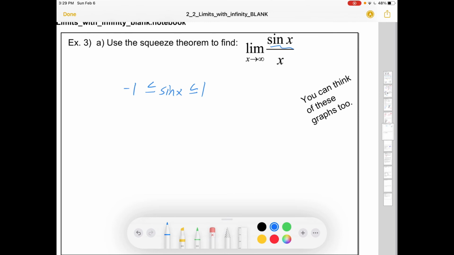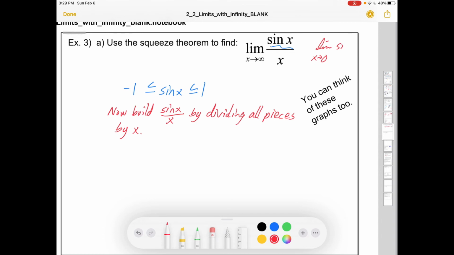Now build sine x over x, which is what we've got, by dividing all pieces by x. Now someone at this point is going to say, oh, that's just supposed to be 1. No, no, no, no. The limit as x goes to 0 of sine x over x is 1. But this we don't really know yet.